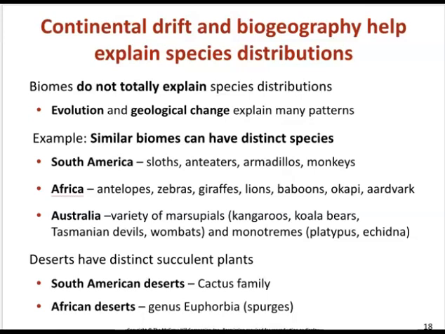Then we see Tasmanian devils and wombats, all the marsupials, stuff that we don't see anywhere else. Same climate, right? So the biomes are the same, but the life is different. Species distribution is different. A lot of deserts have succulents. South American deserts, tons of cacti. African deserts, not so much, right?